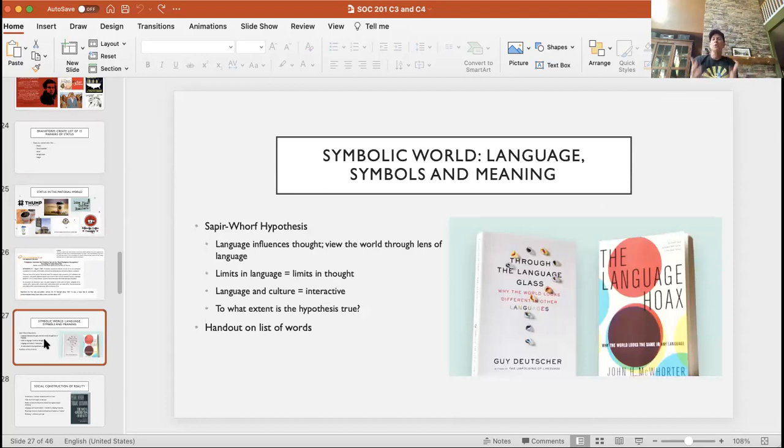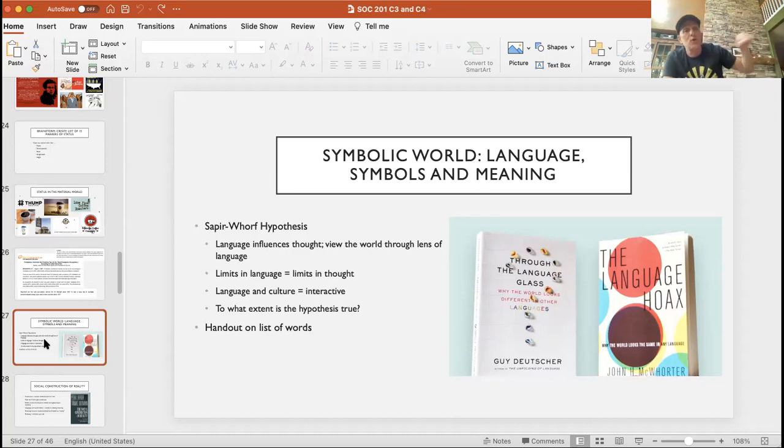Another thing about culture is looking at language, the symbolic world, language and symbols, and understanding the meaning behind them. So let's talk about the Sapir-Whorf hypothesis. It's basically two researchers, Benjamin Whorf and Sapir, who had this idea that language determines your perspective of reality.